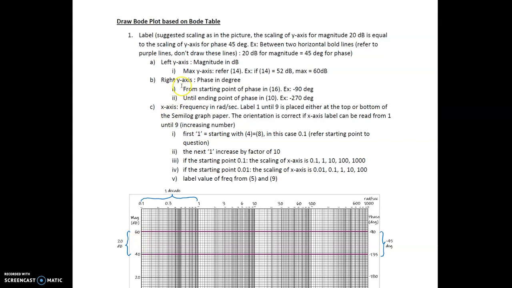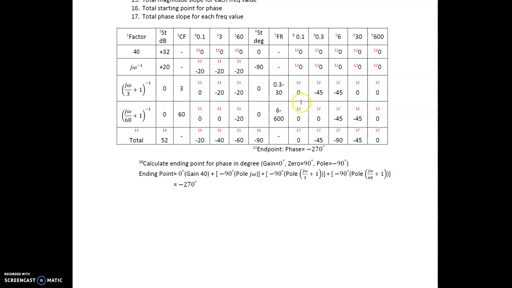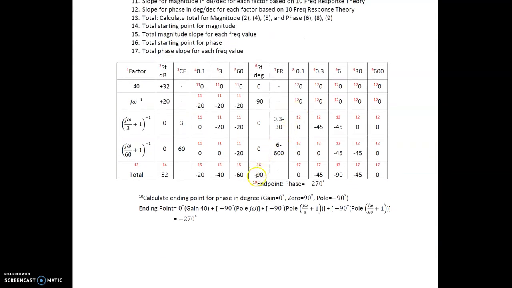Okay, for the right y-axis, which is for phase, the starting point is negative 90 degree in 16 and the ending point in 10 is negative 270 degree. So in 16, my starting point for degree is negative 90 degree and the ending point for phase is negative 270. Only phase has a starting and ending point.